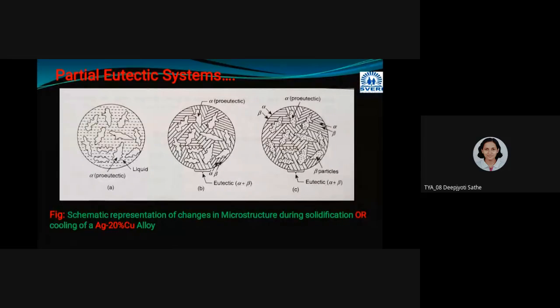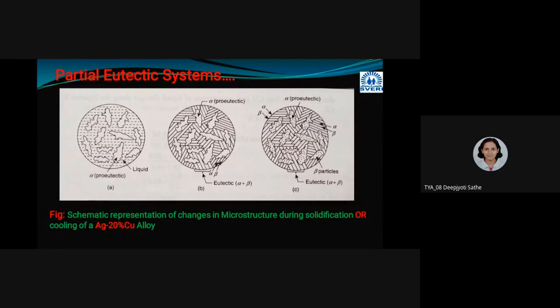As temperature goes on decreasing, in the proeutectic alpha phase the dissolved amount of copper in the silver will exceed the limit, and that copper will come out in the form of beta solid solution.